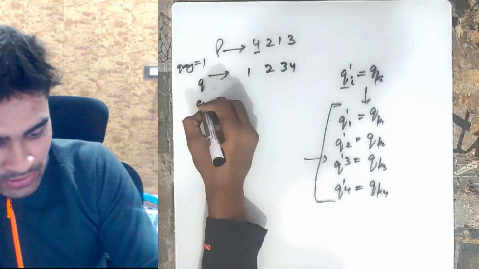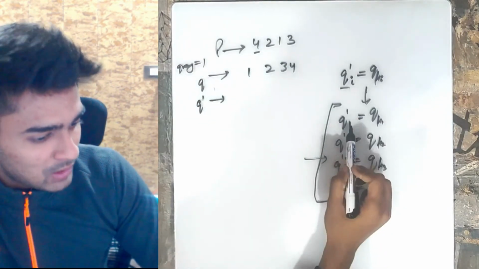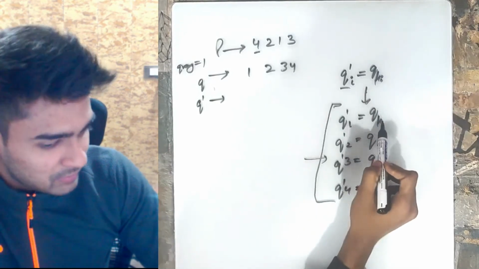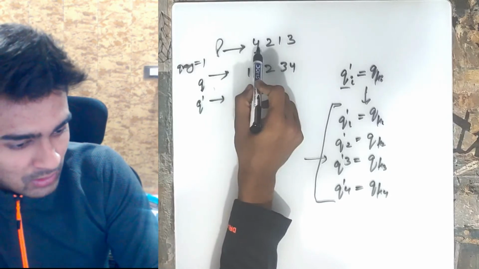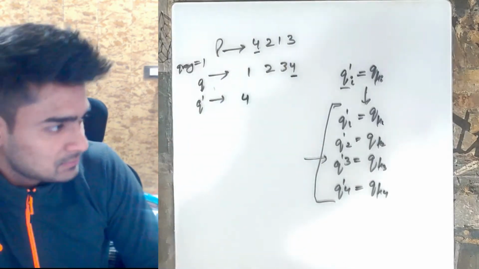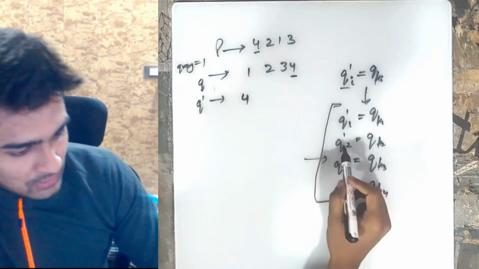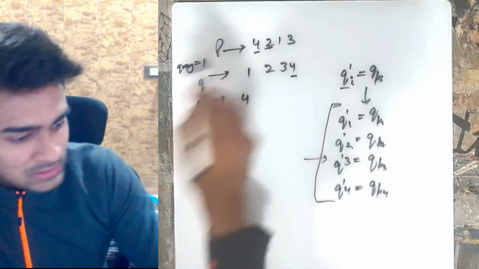Now the jury will make a new Q dash and it will say that Q dash 1 is going to be equal to Q of P1. P1 has 4. So Q of 4 is 4, so we'll have 4 here. Now Q dash 2 is going to be equal to Q of P2. P2 right now is 2.